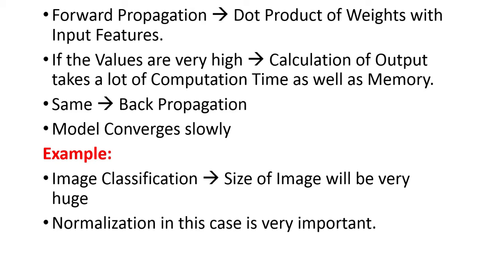Consequently, model converges slowly if the inputs are not normalized. Example, if we perform image classification, size of image will be very huge as the value of each pixel ranges from 0 to 255. Normalization in this case is very important.